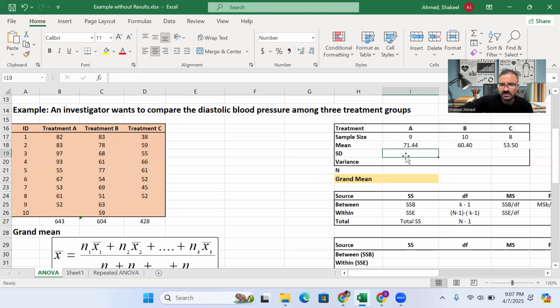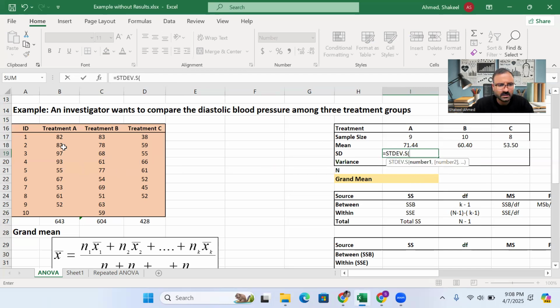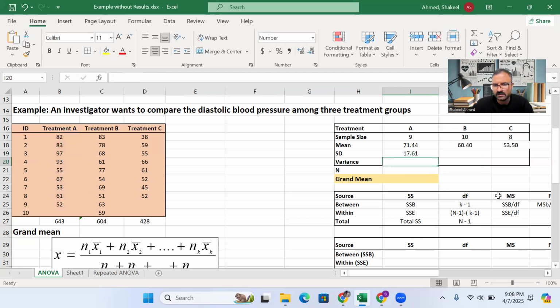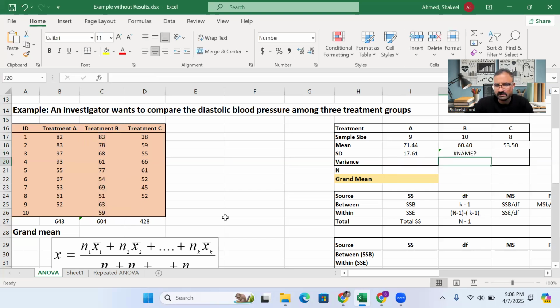And then you need to find the standard deviation and variance as well. You can find the standard deviation using STDEV.S, and this is for group 1. And you can find the standard deviation for group 2, treatment B, and sorry, I think I missed something.